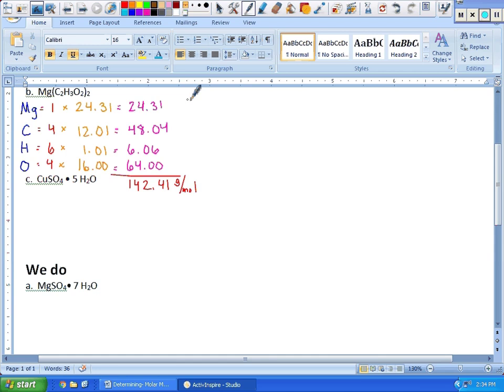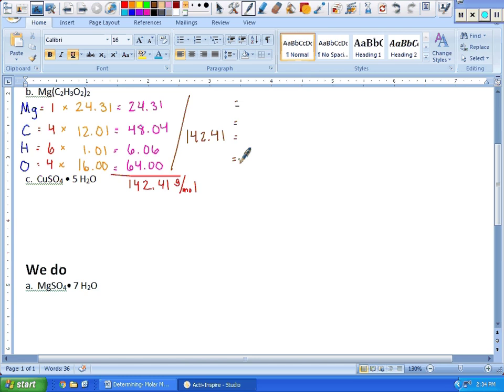So each part divided by 142.41. Now, if you divide it in your calculator and you come up with a decimal, what's wrong with that? Multiply it times 100, or what's even easier than that? Just move the decimal 2 places to the right and get me a whole number. Okay?